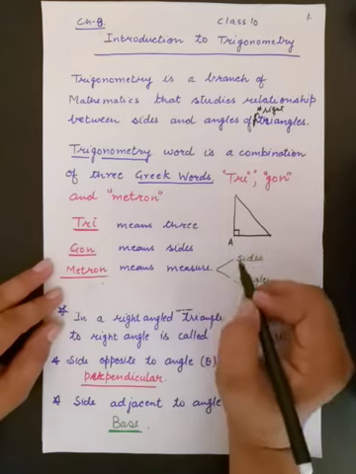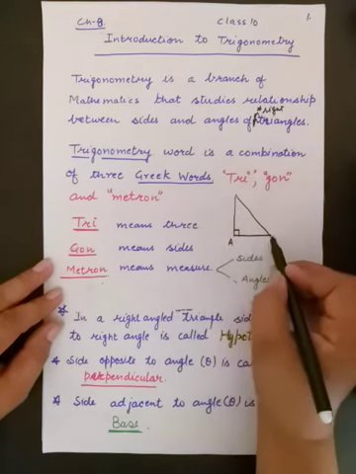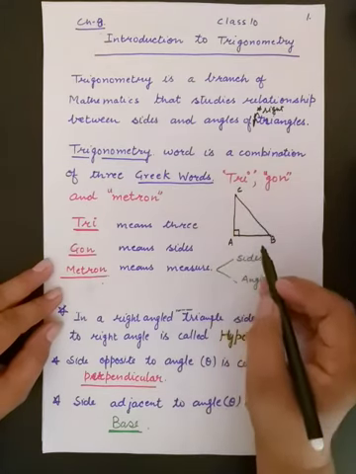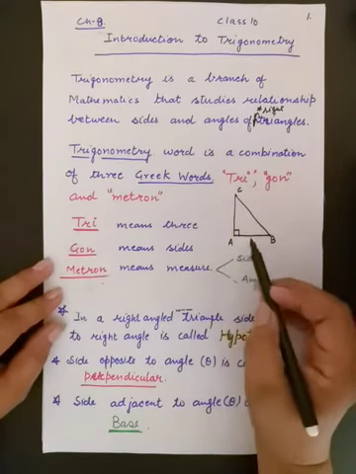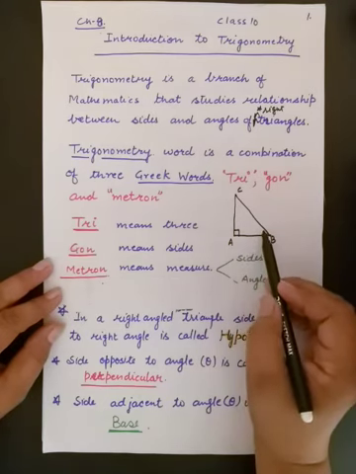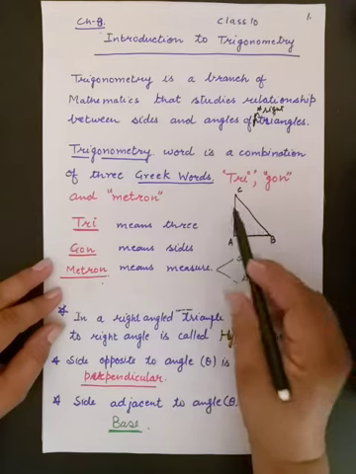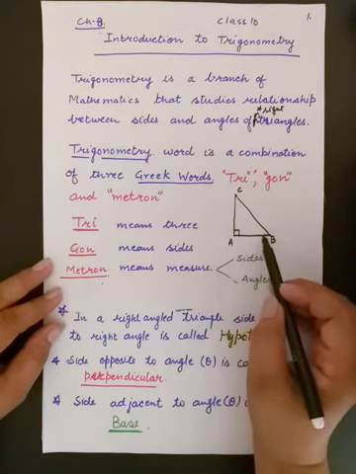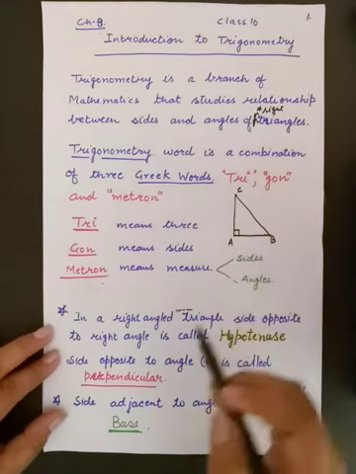If angle A is 90 degrees, then the remaining two angles, angle B and C, will be two acute angles. So trigonometry is applicable only on these two angles, angle B and angle C, or we can say it is applicable on acute angles in a right angle triangle.